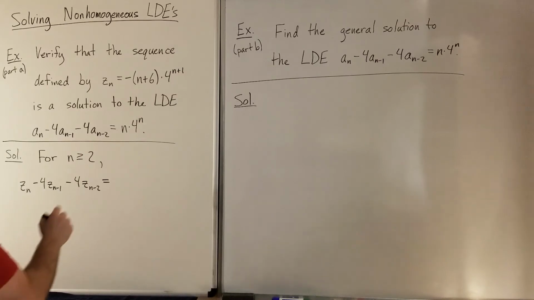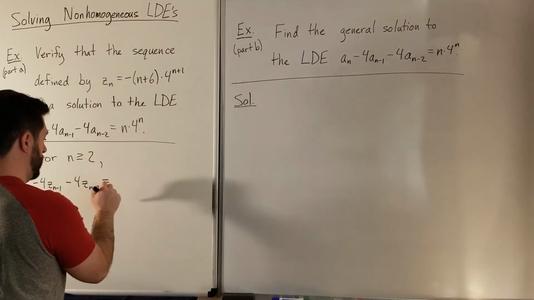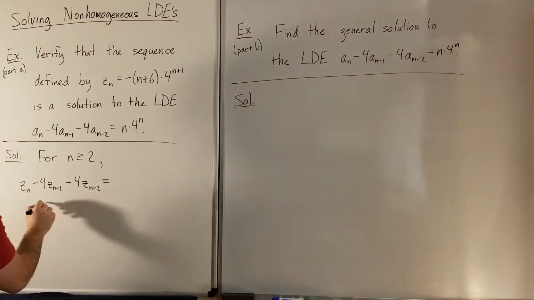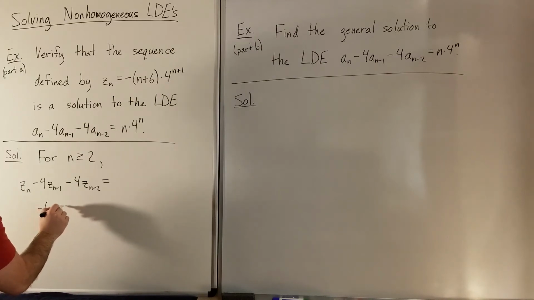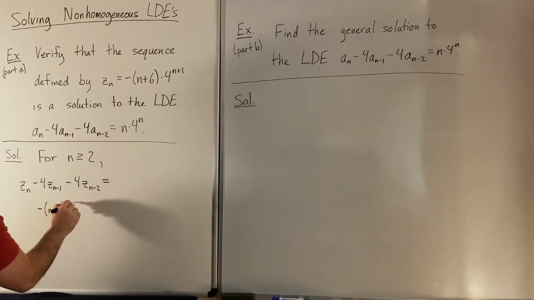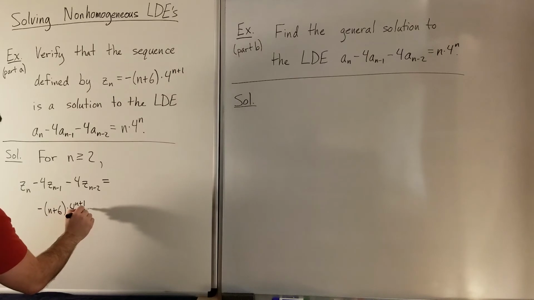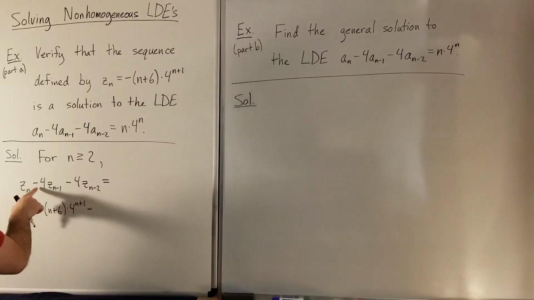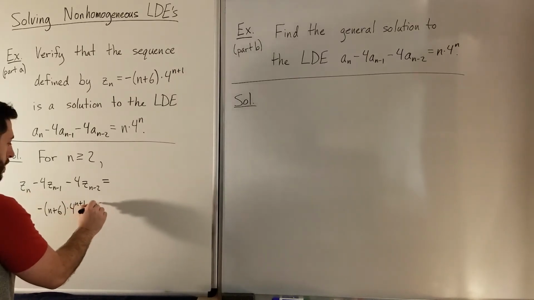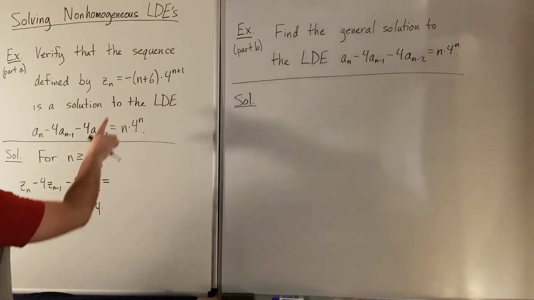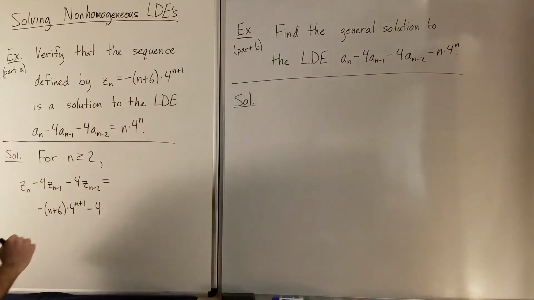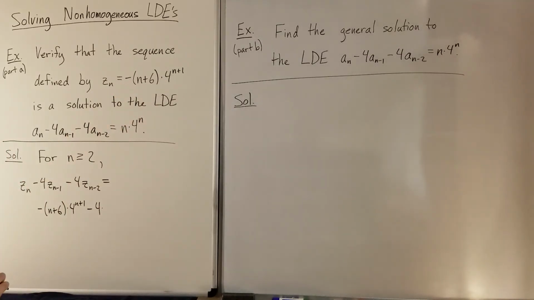So Zn is this. Minus 4 times this with an n minus 1 plugged in. So I'm going to take a shortcut here.